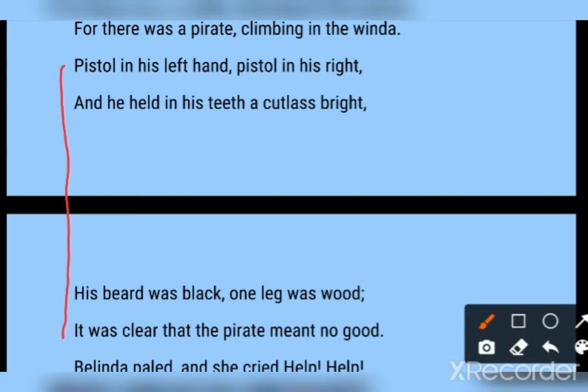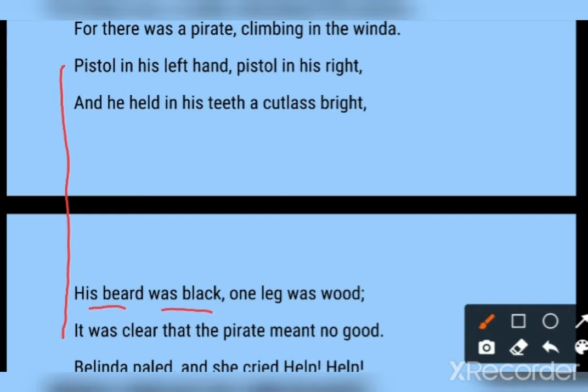The poetic devices which we find in this stanza are: first, the rhyme scheme is ABB, and we find alliteration. We find alliteration in this stanza, that is this: beard, black are two words which start with the b sound. So this is what alliteration is.